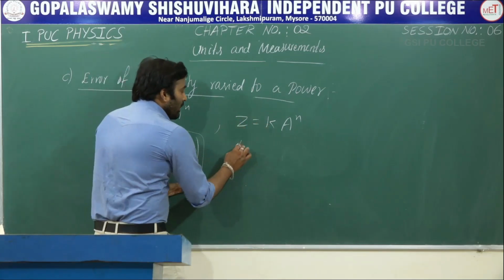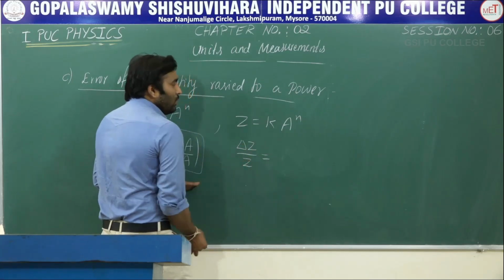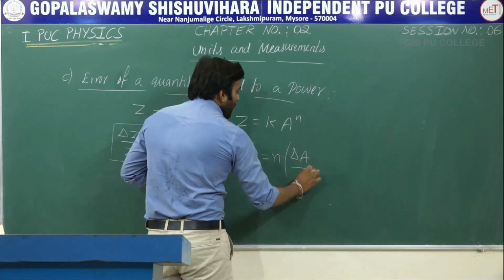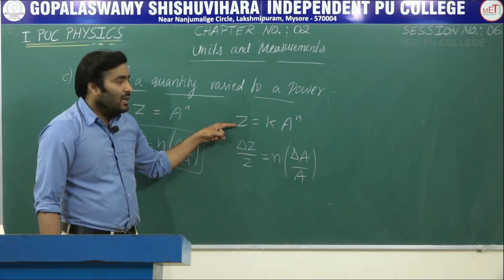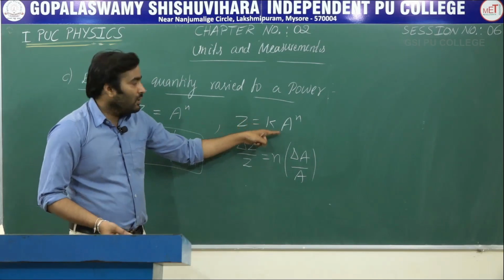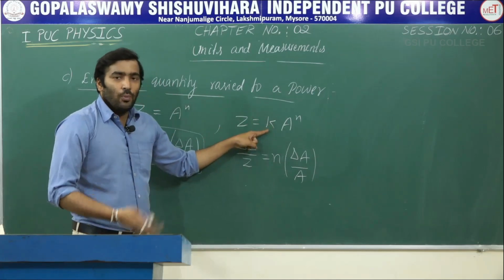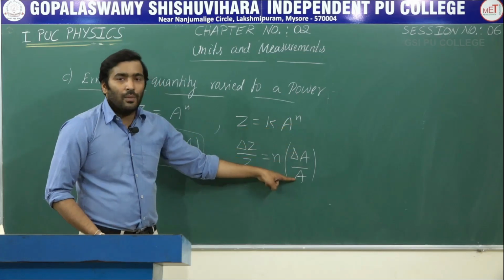So how do you write the relative error now? Delta z by z is equal to this power n into delta a by a. While writing the relative error of this quantity, when we have a constant with this physical quantity, this constant is omitted. Leaving this constant, we have to multiply this power and the relative error.